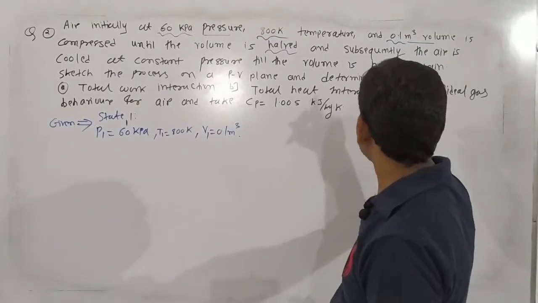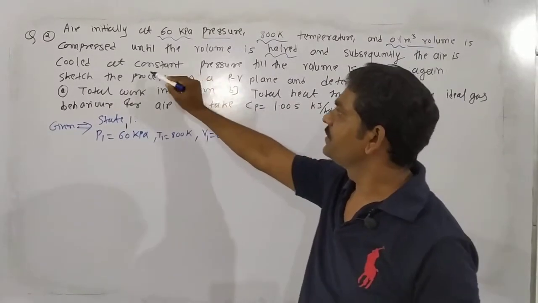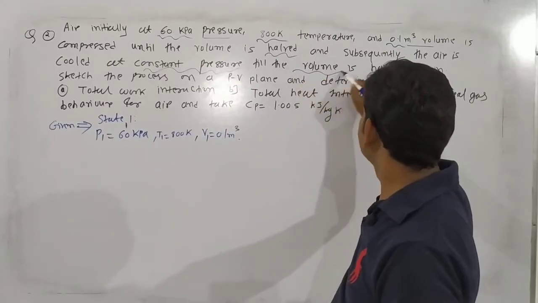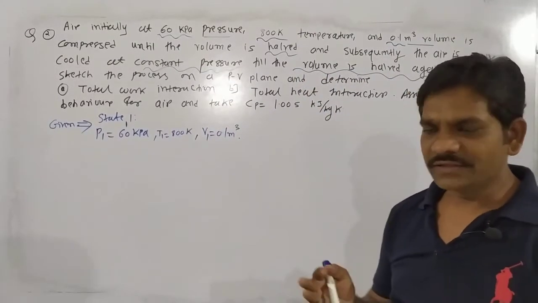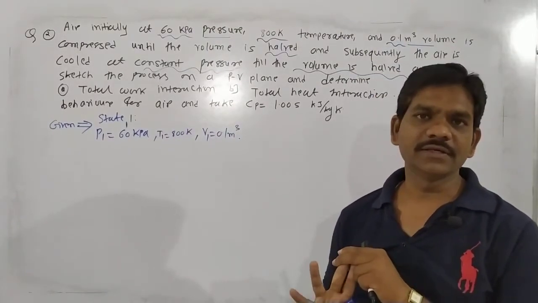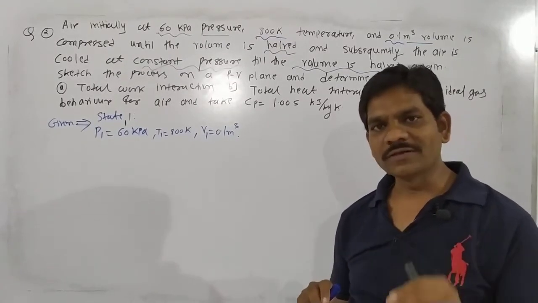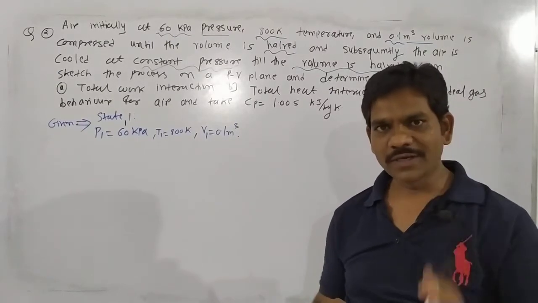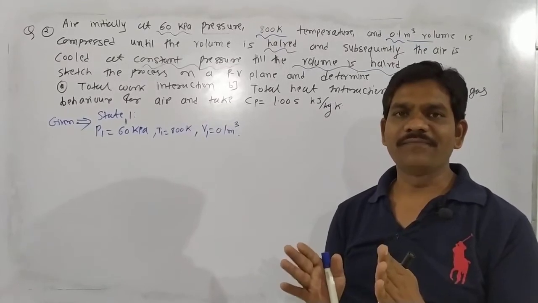Subsequently, the air is cooled at a constant pressure until the volume is halved again. So this problem consists of two processes: one is a constant temperature process and the other is a constant pressure process. In the constant pressure process, the volume becomes half once again.